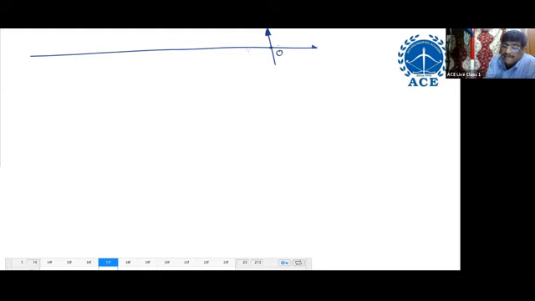One pole is here: minus zeta omega n plus omega n root of zeta square minus 1.